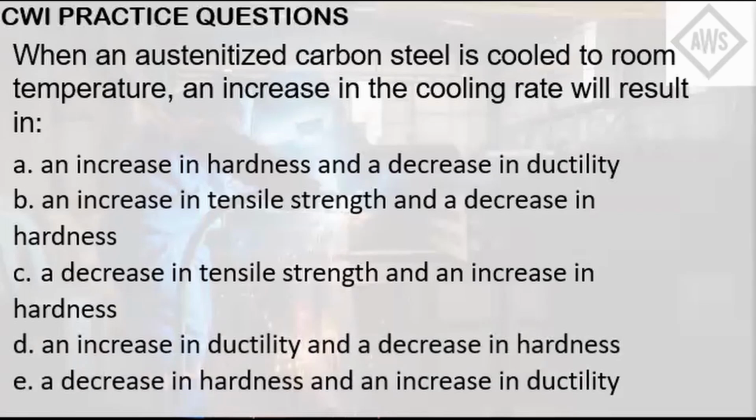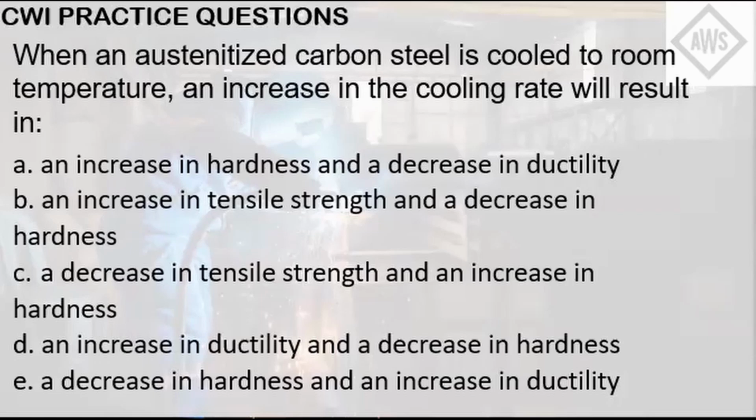As a general rule, when austenite is cooled rapidly, hardness increases and ductility decreases because of the formation of martensite, which exhibits lower toughness. Letter B does not normally happen because hardness normally increases with tensile strength. C is just the opposite of letter B, and letter D is just the opposite of A, and letter E is the direct contrast of the answer.